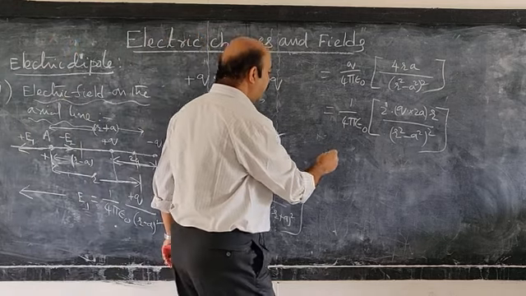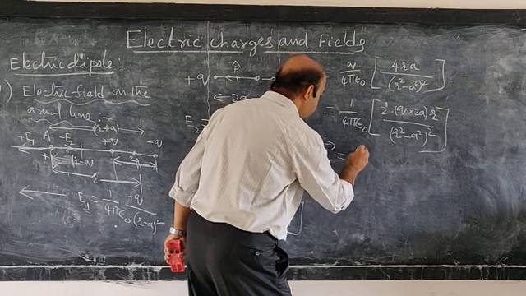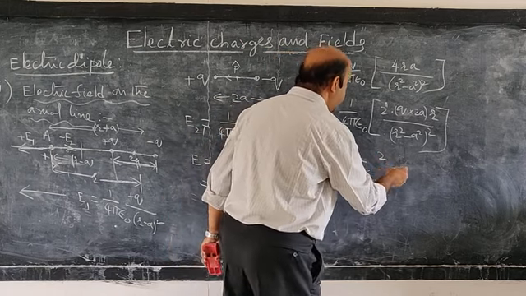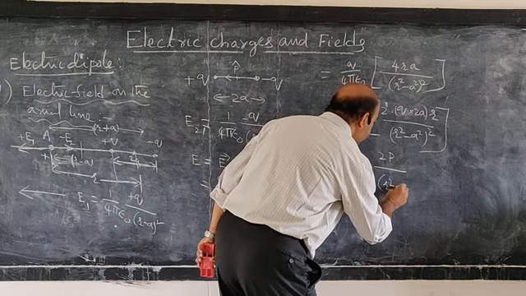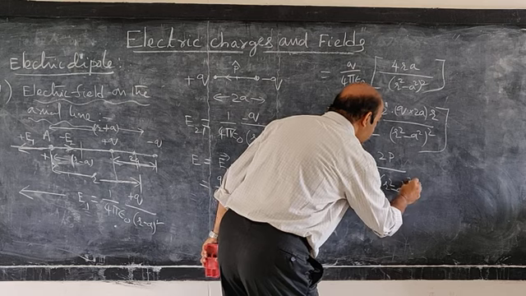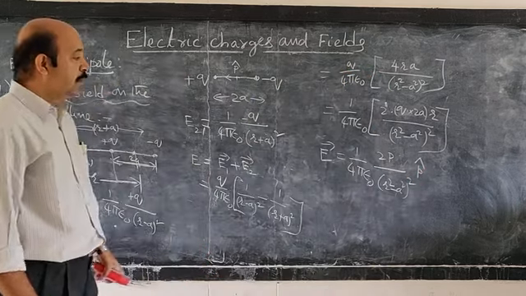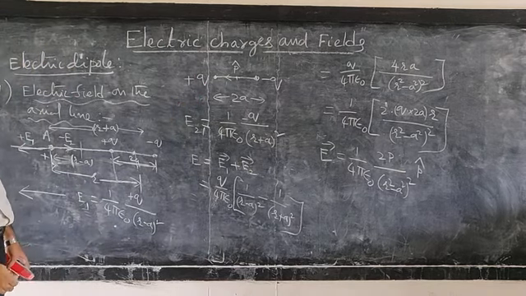So we can write E bar as 1 by 4 pi epsilon naught 2 times P by (R square minus A square) whole square, with a unit vector P cap in the direction of the electric dipole.